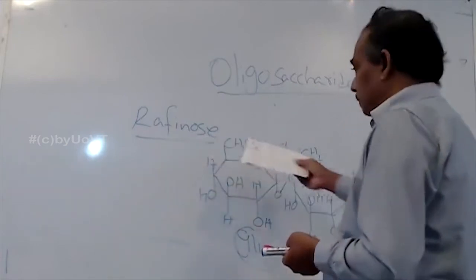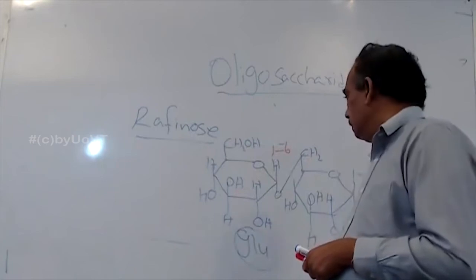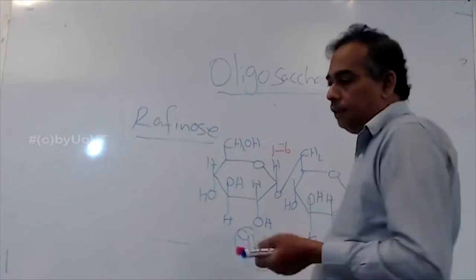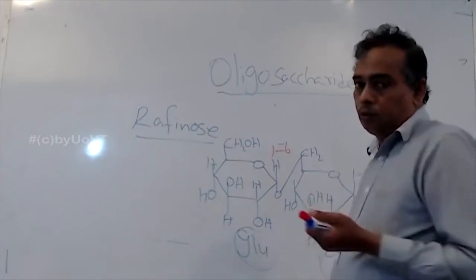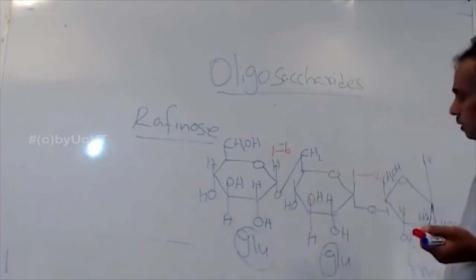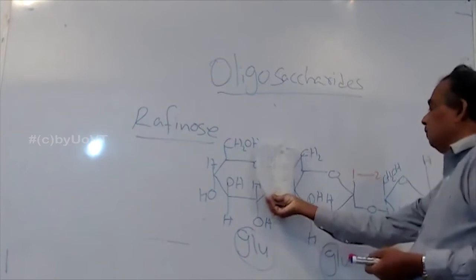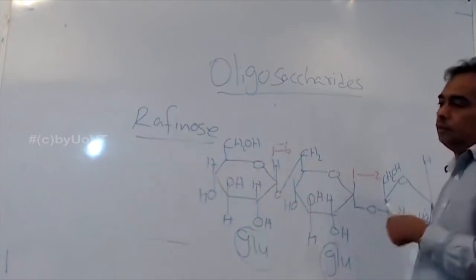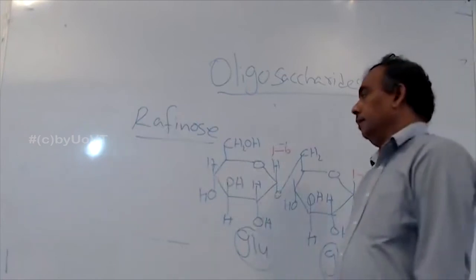But here in raffinose there are different links, a 1,6 link and a 1,2 link. In sucrose, there is a 1,2 type link, and after that the molecule is sucrose. But now you have another molecule. Therefore, invertase cannot completely digest the system.